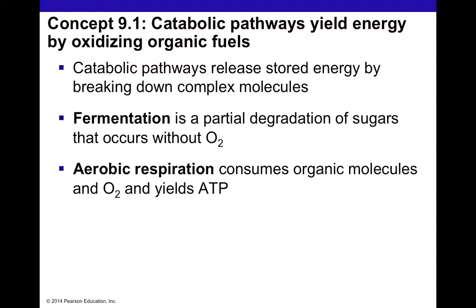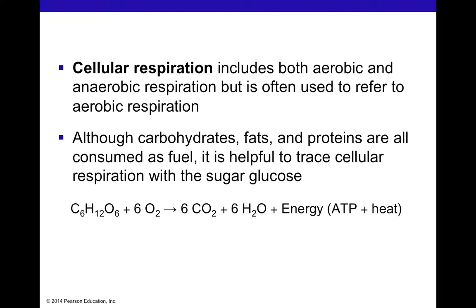If oxygen is present, then this is referred to as aerobic respiration. Aerobic respiration is the more efficient pathway and will produce a lot of ATP that the cell can use to do work.